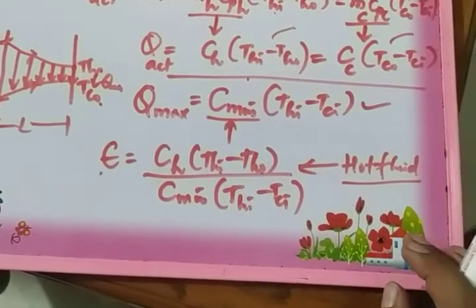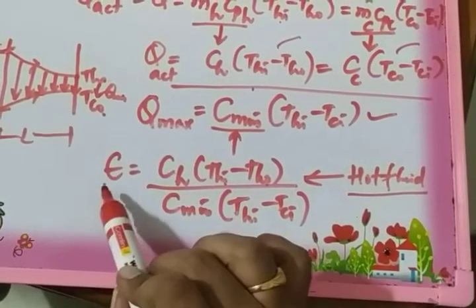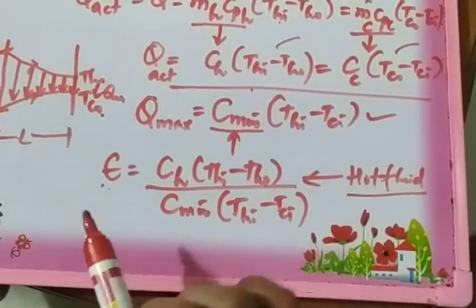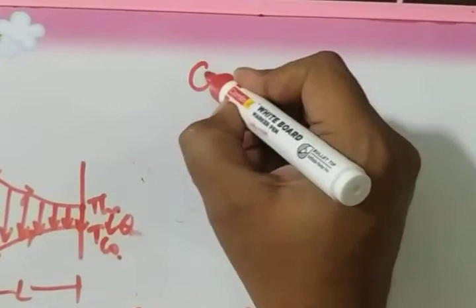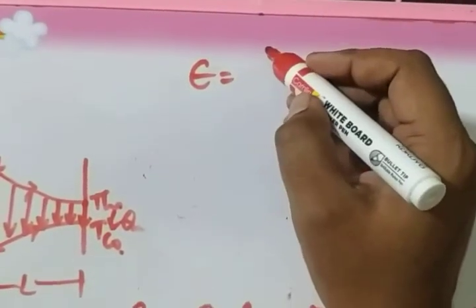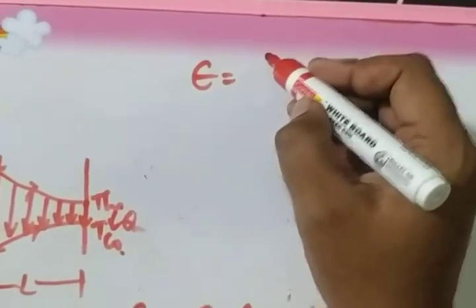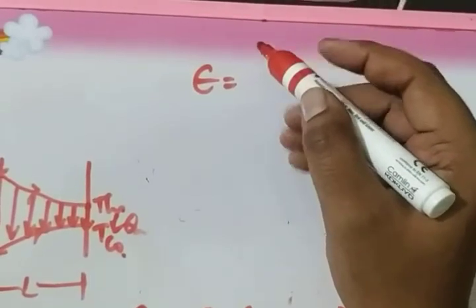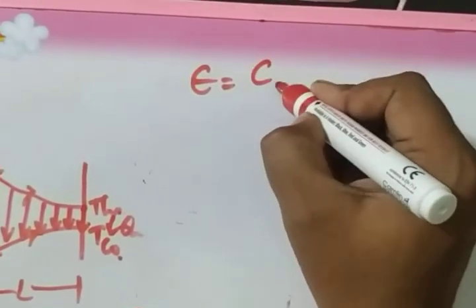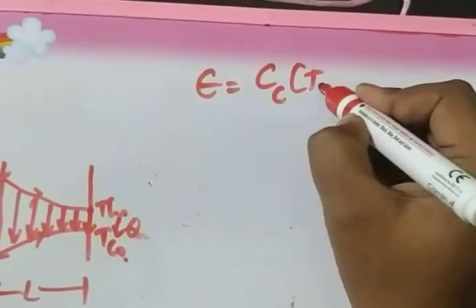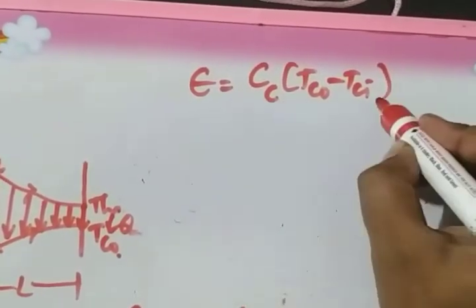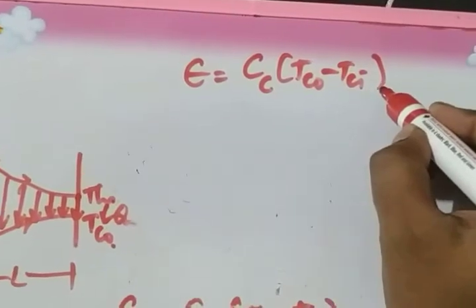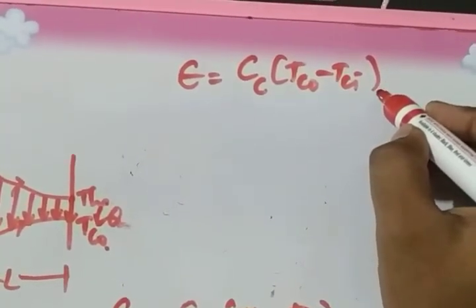Correct? Similarly, we can write the expression for effectiveness considering cold fluid as well. Let us write that. Now effectiveness, again it is Q actual by Q max. So if we consider now the cold fluid, we can write Cc into Tco minus Tci. This is the actual heat that is gained by the cold fluid in the heat exchanger.